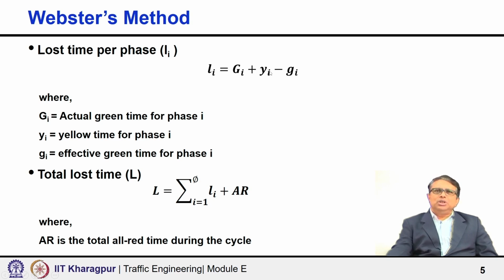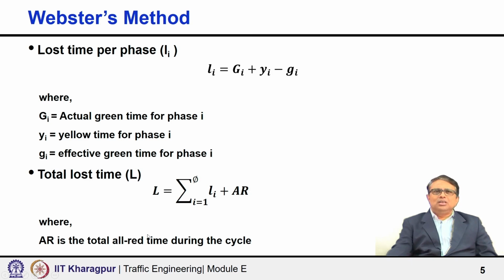Here we only considered Y_i as the yellow time, so the all red is not included in this phase-wise lost time calculation. When we calculate the total lost time, we take the lost time plus the all red time, considering all the phases.